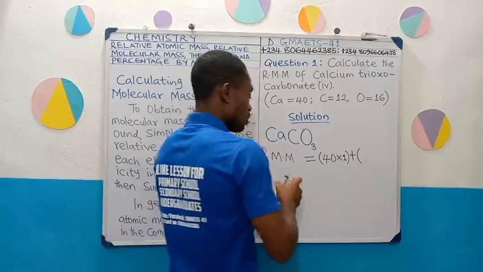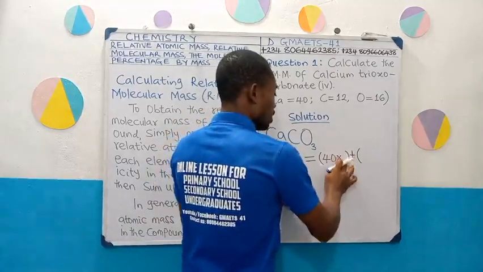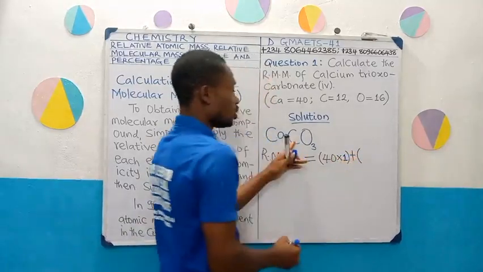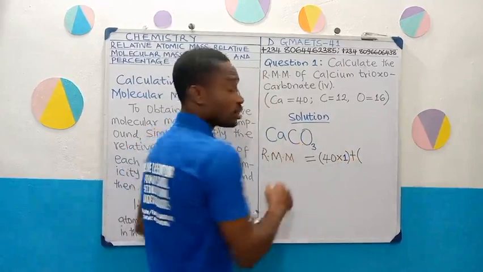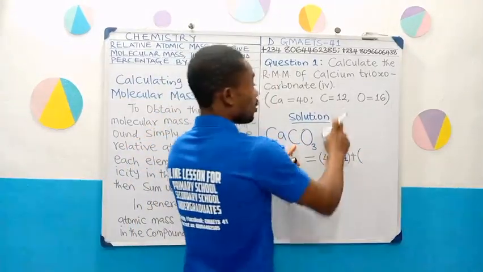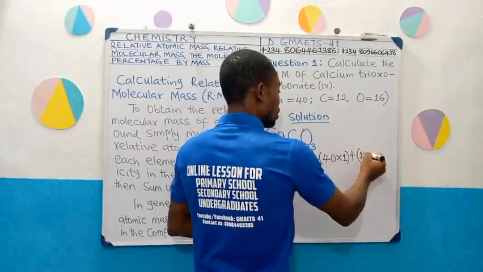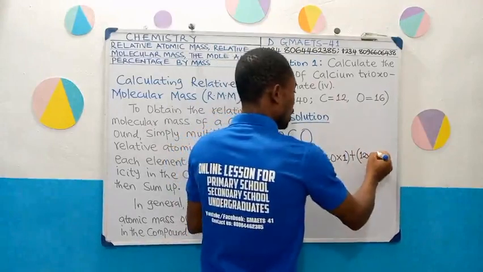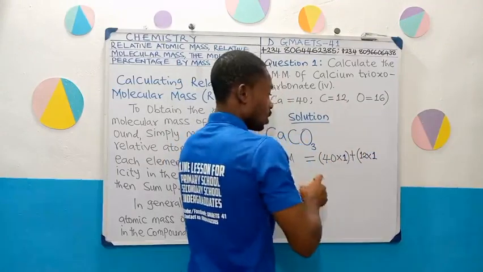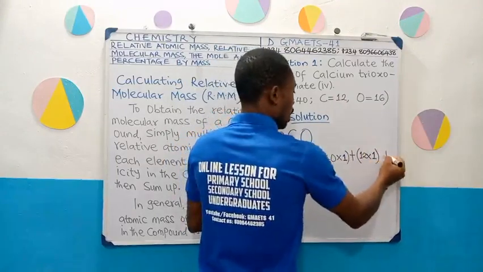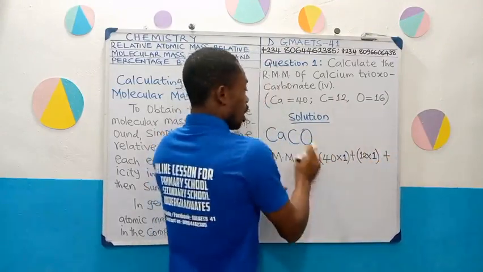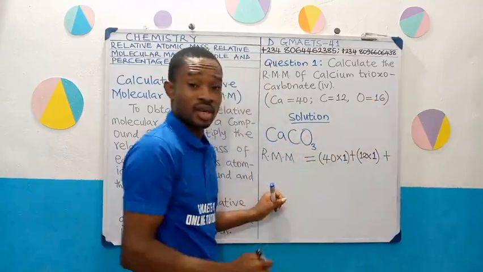Alright? Then plus. Permit me to use a marker to represent the atomicity. That's 1. Then go to carbon. We have 1 atom of carbon in this compound, and the relative atomic mass of carbon is 12. So it's going to be 12 times 1 atom, which is 1. And then lastly, we go to oxygen. Plus oxygen, its relative atomic mass is 16.